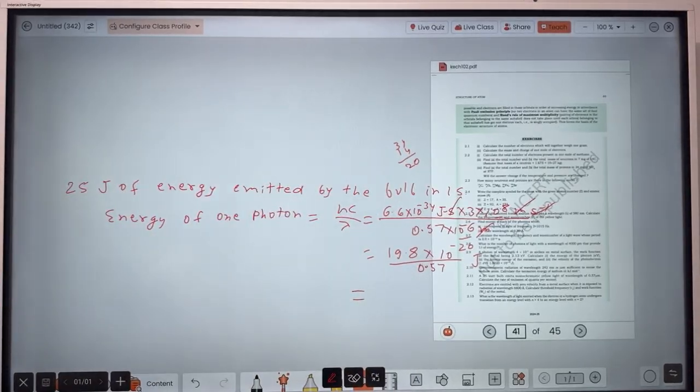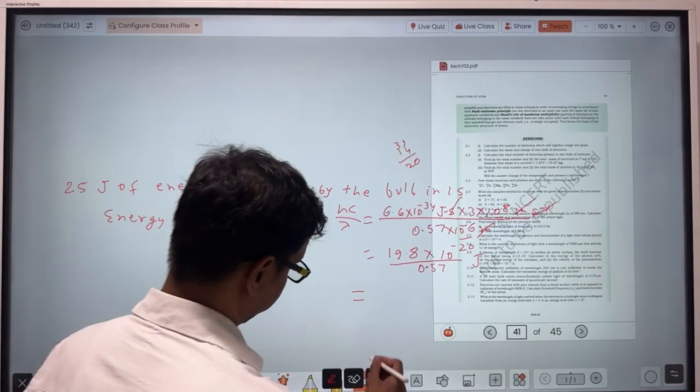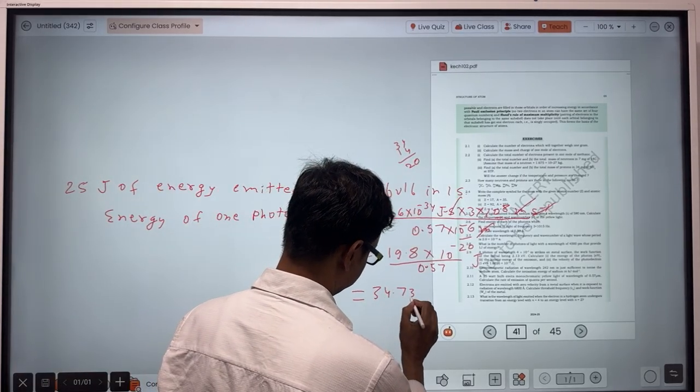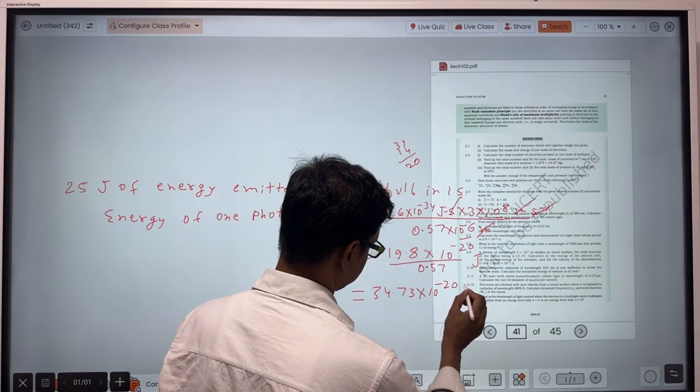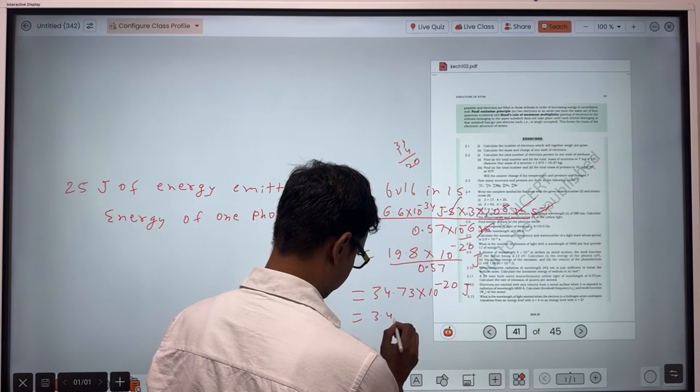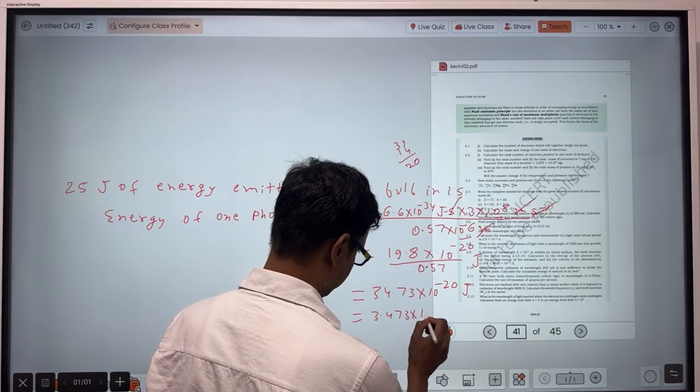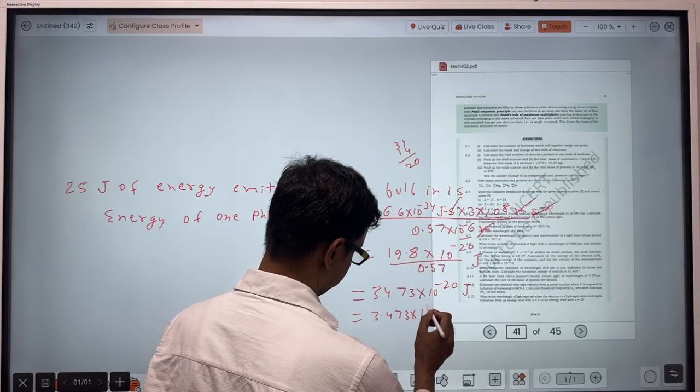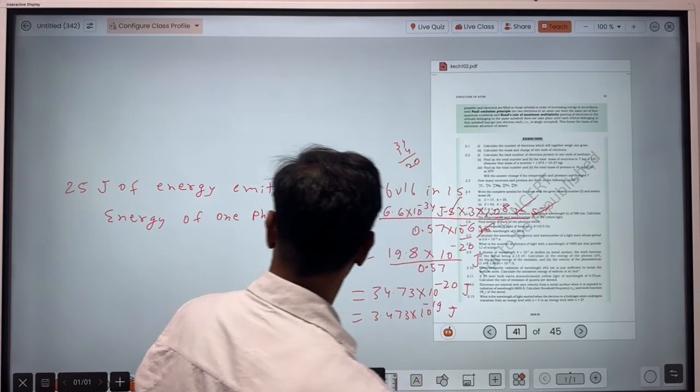Now you will have to divide 19.8 by 0.57. So 34.73.